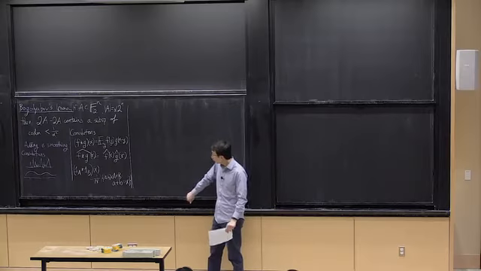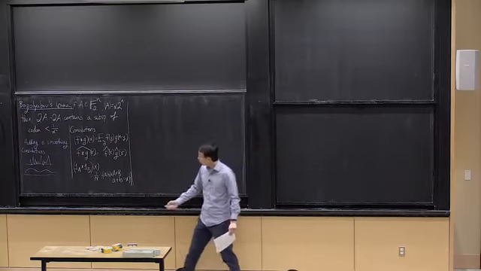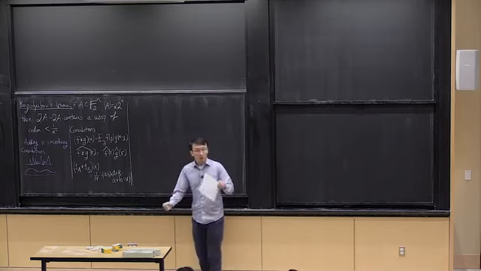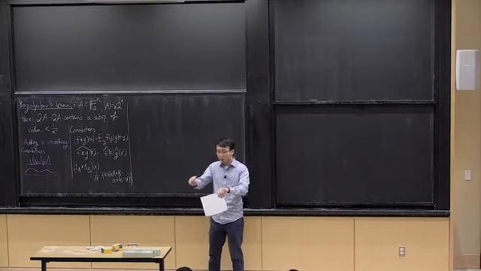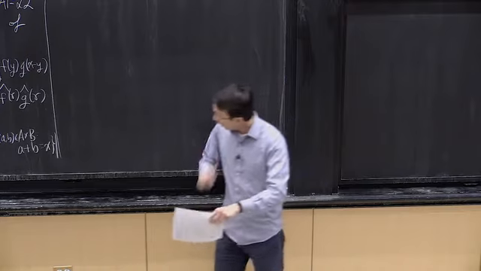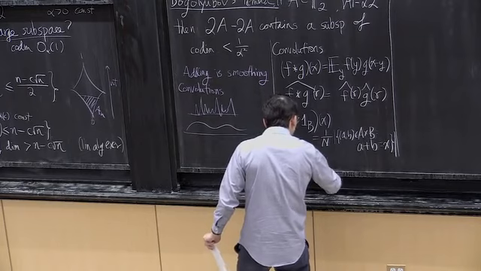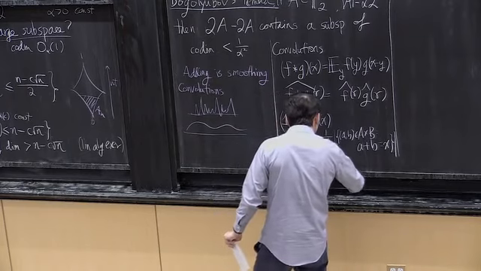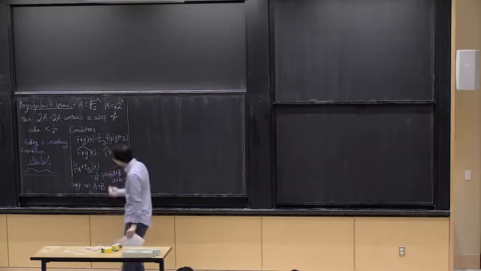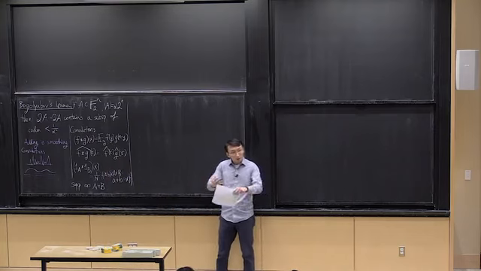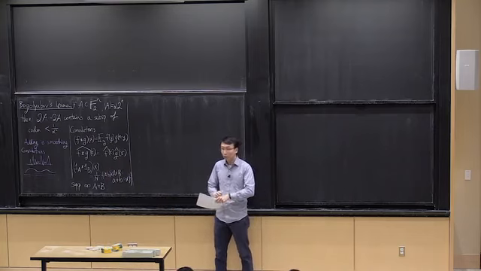The convolution tells you how many ways there are to express x as a sum of one element from A and another element from B. In particular, this function is supported on the sumset A plus B. This is the way that convolutions and sumsets are intimately related to each other.